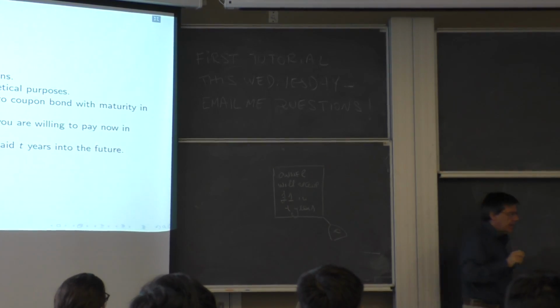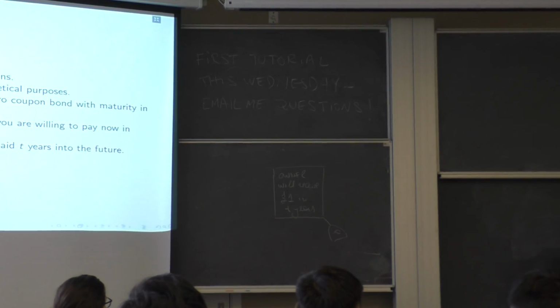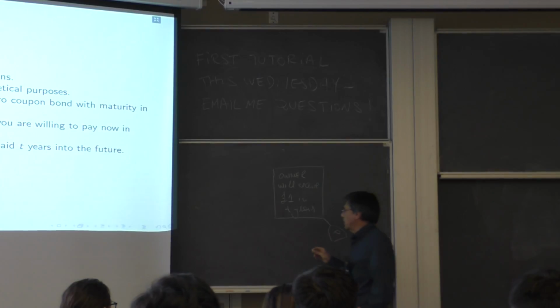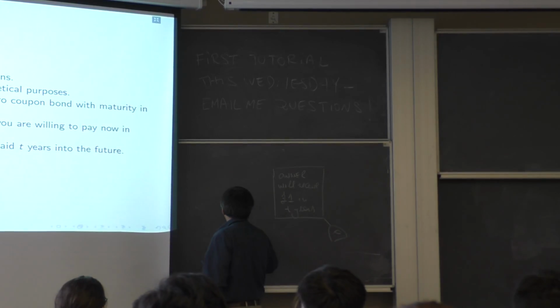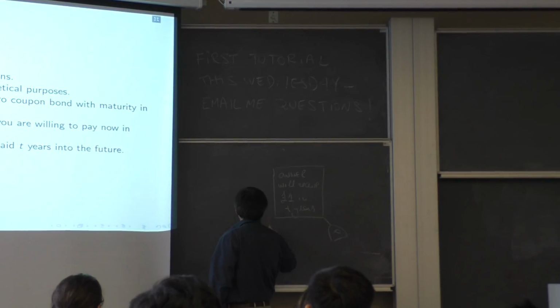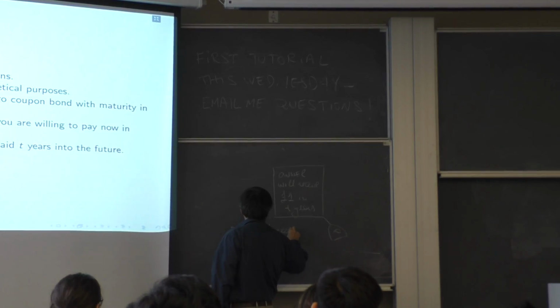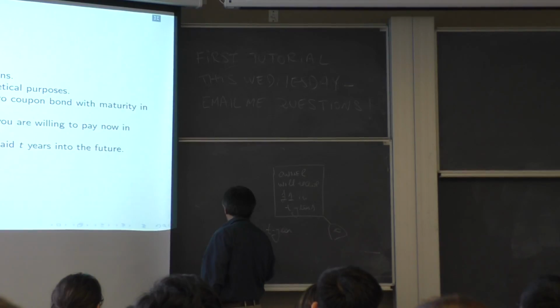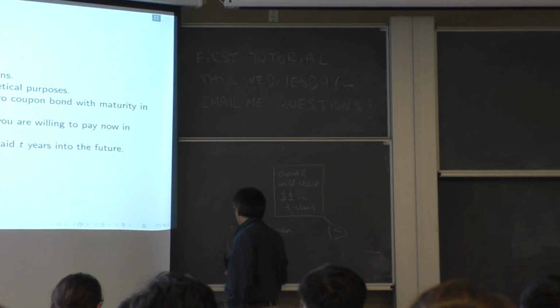And then we said, wait a minute, we can think of this price in a different way. We can also look at T-year interest rates. So R, let's take R to be the T-year spot interest rate. I'm going to explain what I mean by spot later.